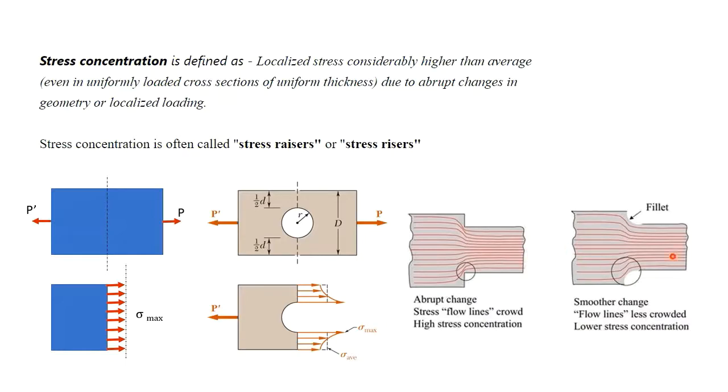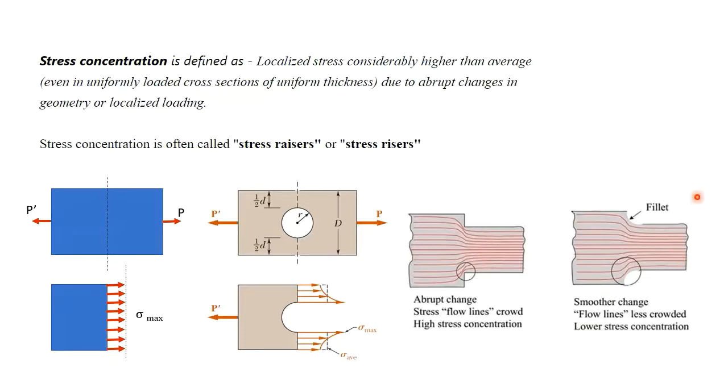And if you compare this with this part, we have fillets on this part, and because of which the flow lines now got smoother, so the stress concentration will be lesser and the part can survive, can take more stress.